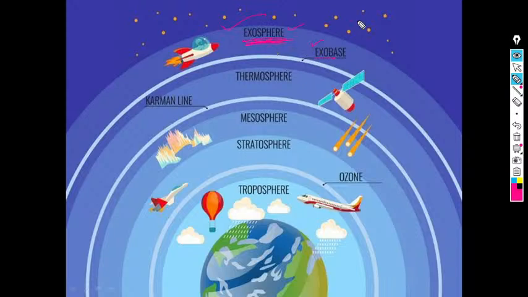Okay, see what you see here in the exosphere: the atmosphere becomes thin. Our atmosphere gradually becomes thin and rarefied, basically.